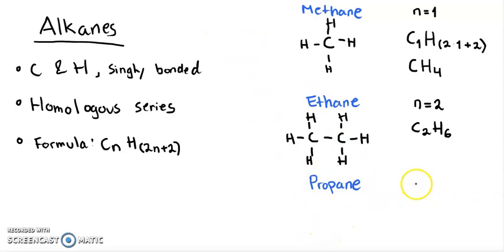For propane, n equals 3. It's the next one in the homologous series. So we have C3, H, and then 2 times 3, which is 6, plus 2, that's 8. And then we add all of the carbons together and add the hydrogens.